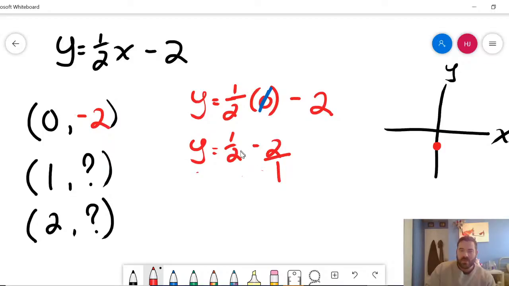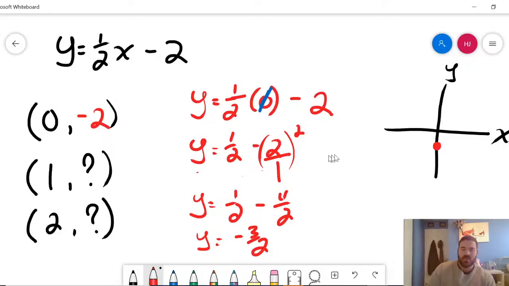This is 2 over 1, but I need the denominators to be the same, so I'm going to multiply this whole fraction by 2. I'm going to get y is equal to 1/2 minus 2 times 2, which is 4 over 2, and then 1 minus 4 is going to give me negative 3 over 2. So what is y when x is 1? Well, it's negative 3 over 2.